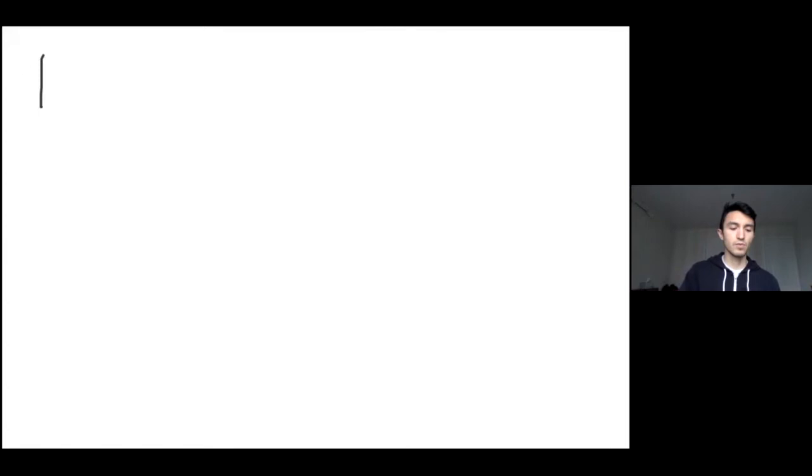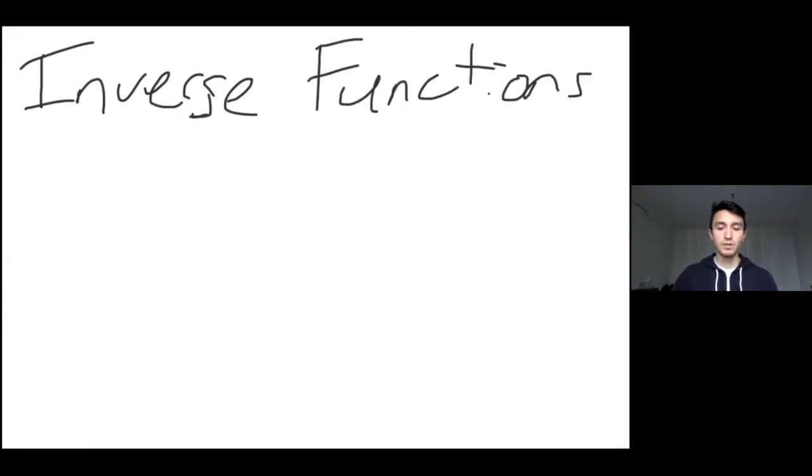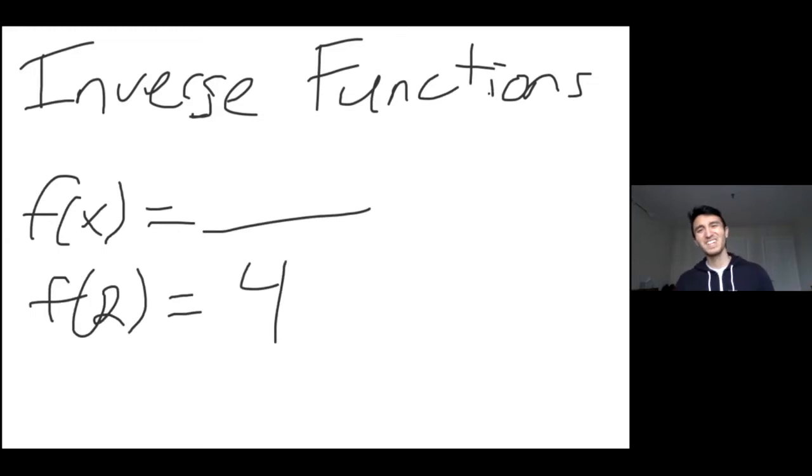So if you remember a little while ago, we talked about inverse functions. Remember, inverse functions are basically undoing what you did, right? So if I have a function f of x equals something, let's say I plug in 2 and get 4, the inverse is supposed to take what just happened and undo it and work backwards.